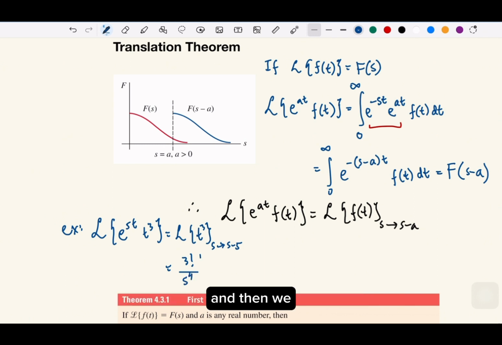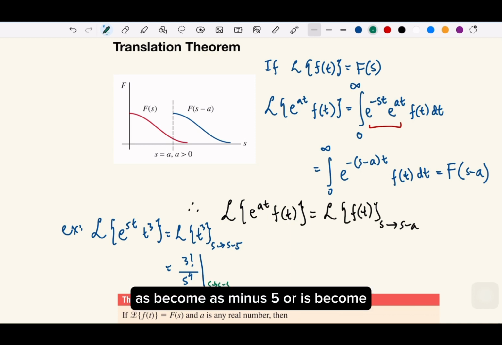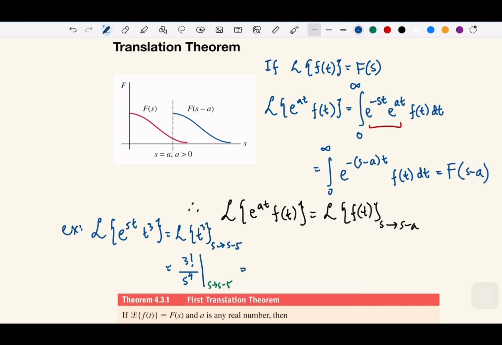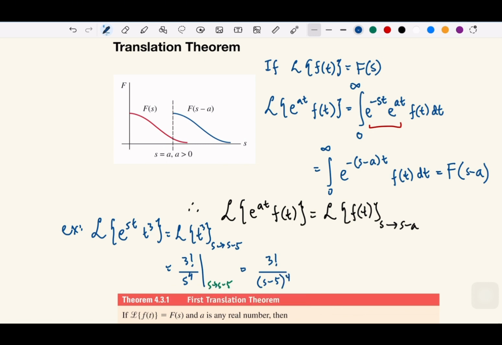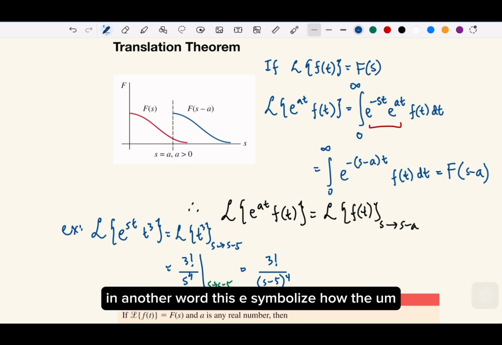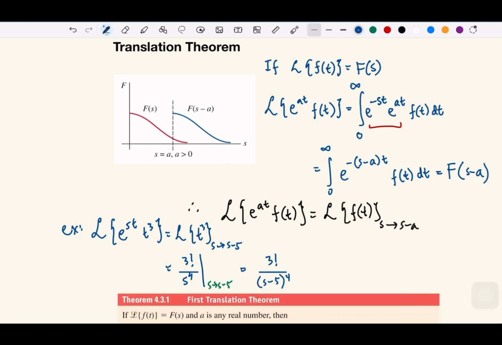Then we shift s to become s minus 5, so this becomes 3 factorial over (s minus 5) to the power of 4. So in other words, the e symbolizes how the Laplace transform of the function beside the e will shift.